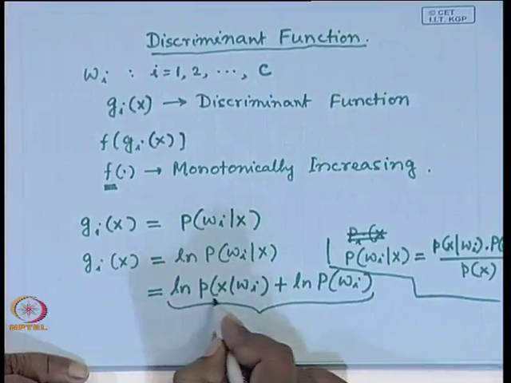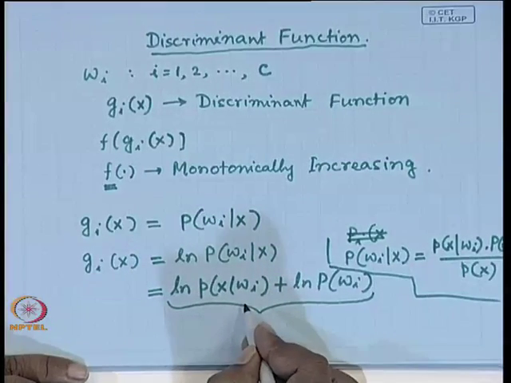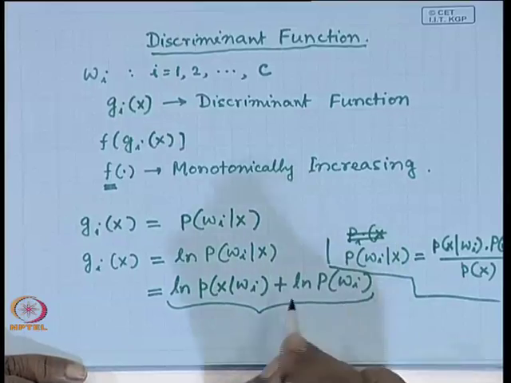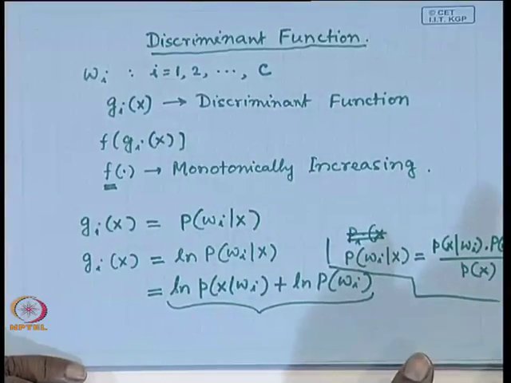Okay. So, naturally here you find that because the probability density function is involved, or the a priori probability is involved, the structure of this Bayesian classifier will depend upon what kind of probability density we are making use of. We can have normal density, Laplacian density, exponential density and so on, or Poisson density.